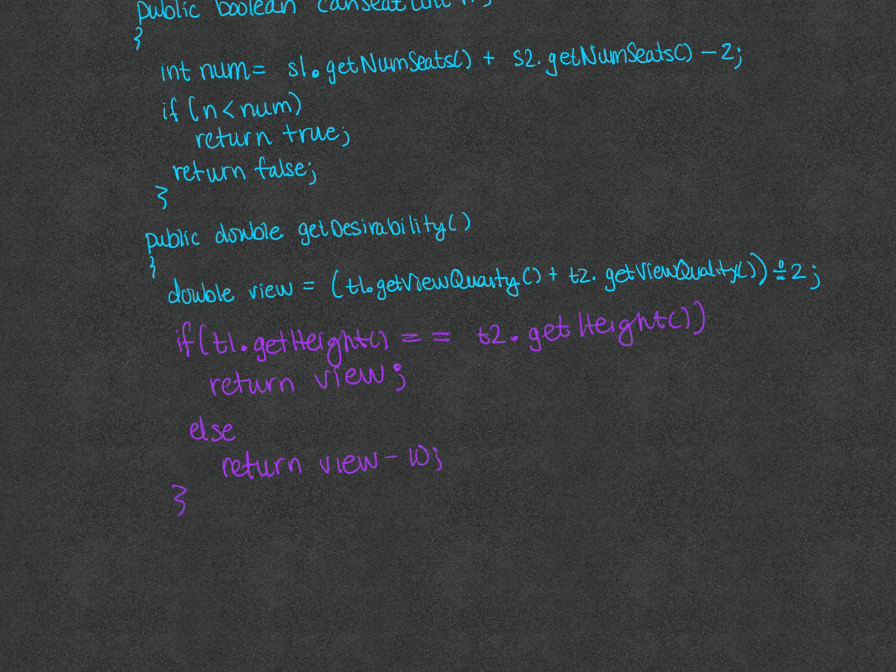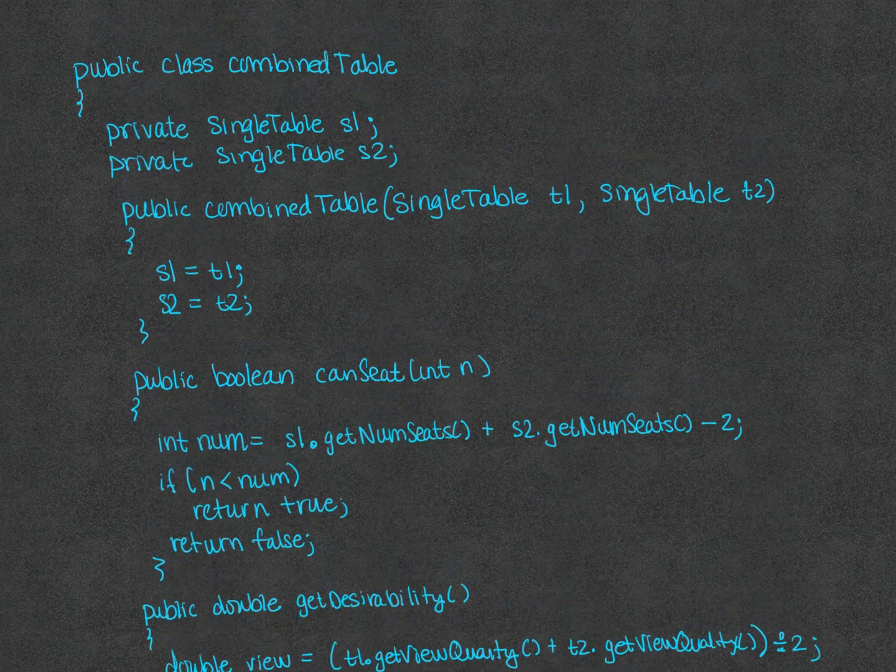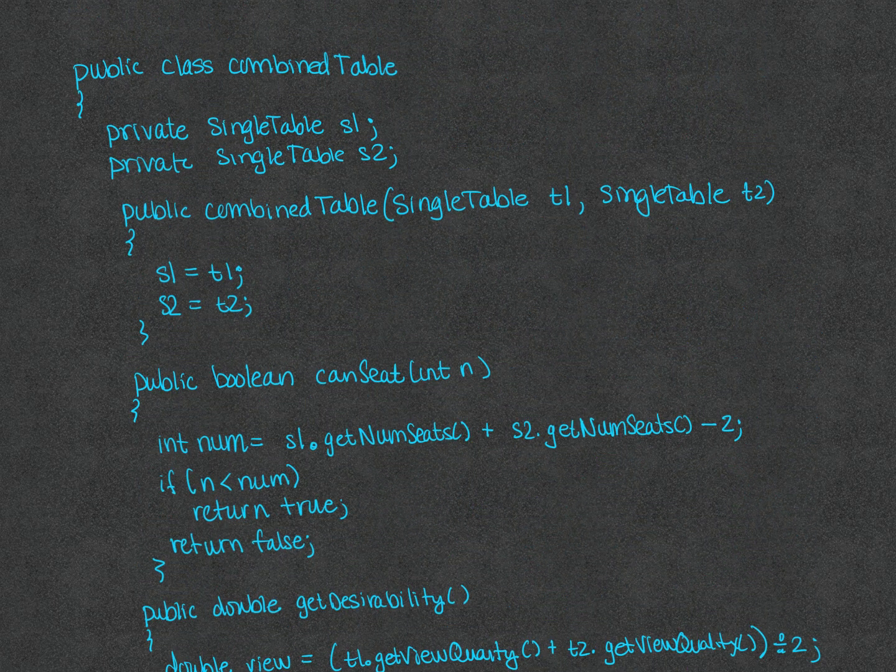So let's see how this one was scored. So the first point comes from declares the class header. So if you had this class header, public class combined table, you get a point. The second point declares the appropriate private instance variable single table. So you need to have the word private and a single table along with a temporary name. The third point comes from writing the constructor.